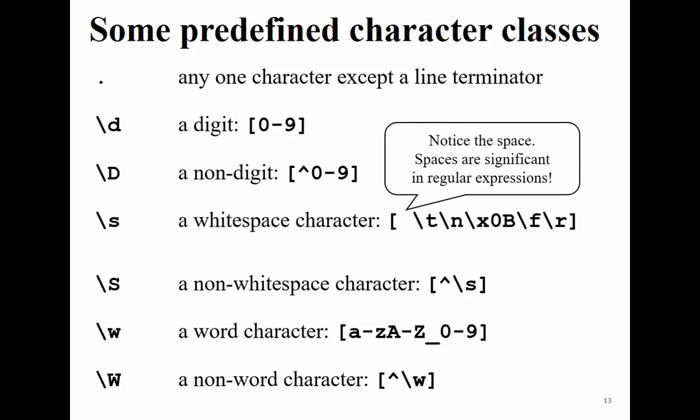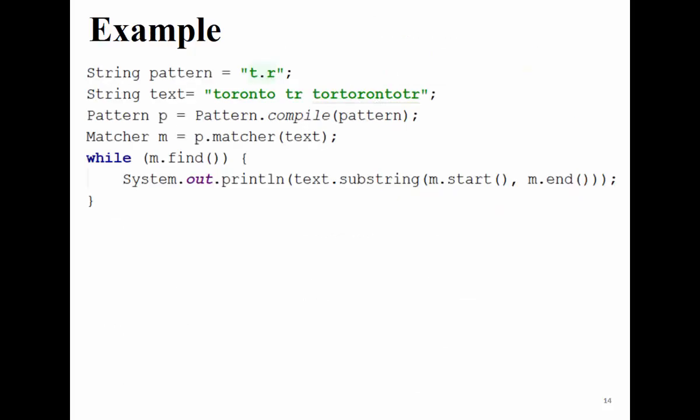As you can see here, the space is part of white space. Rather than writing A small to Z small, A capital to Z capital, underscore, 0 to 9, you can simply write one character, backslash with W. You are actually looking for the word characters.